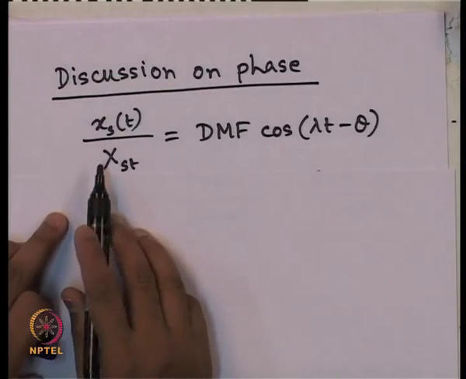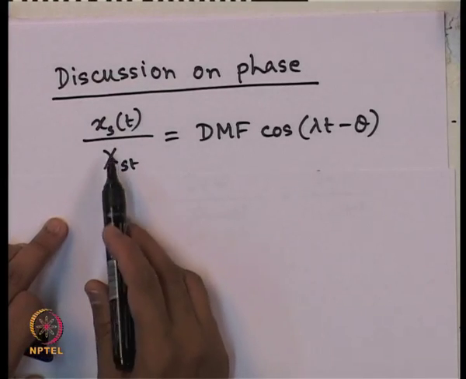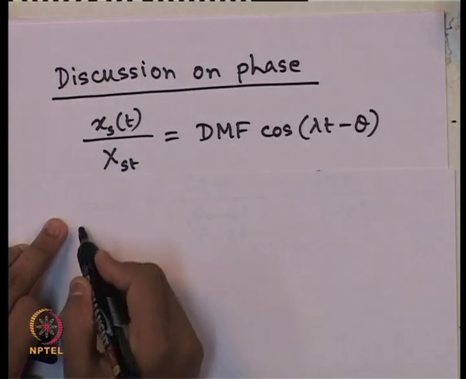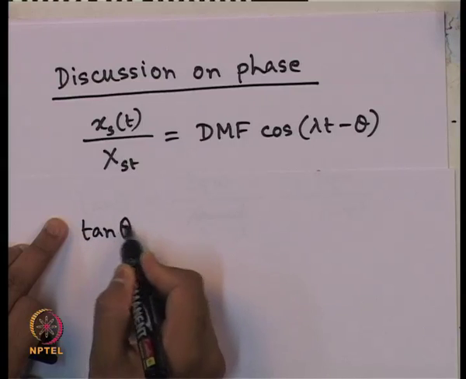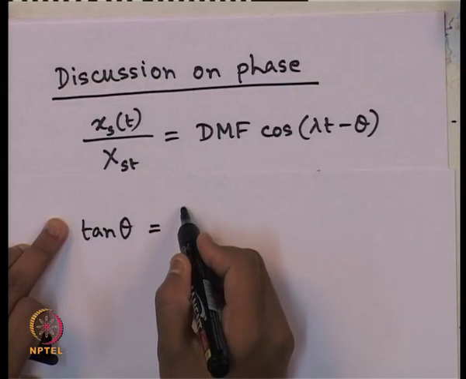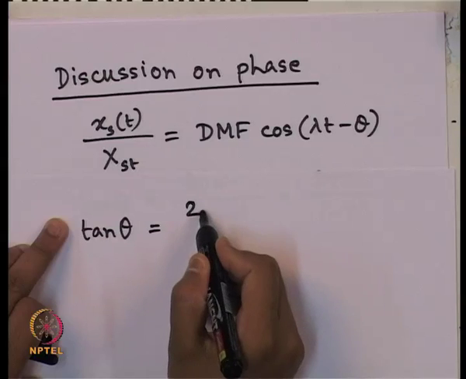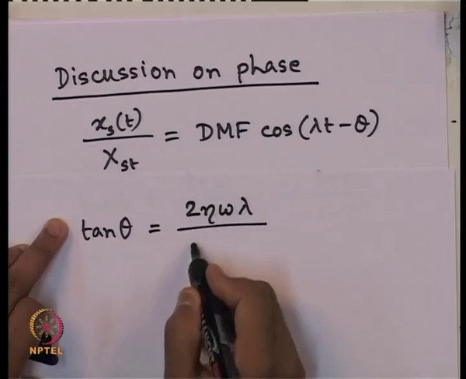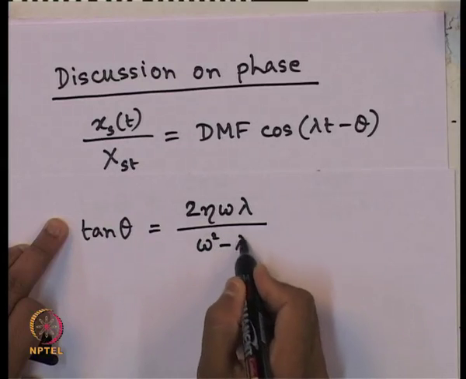So, the expression for steady state displacement to static displacement was given by this, where tan of theta was defined as 2 eta omega lambda by omega square minus lambda square.